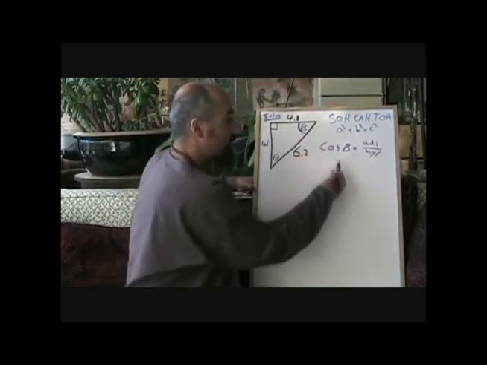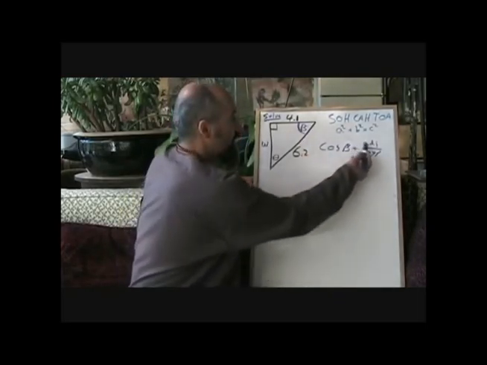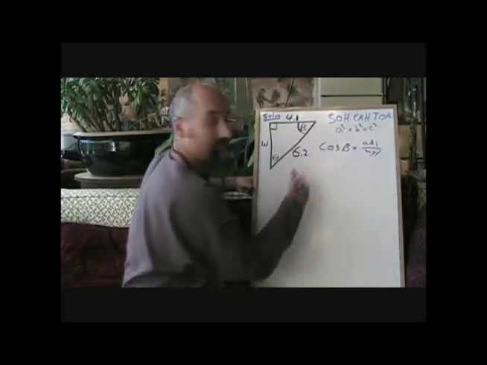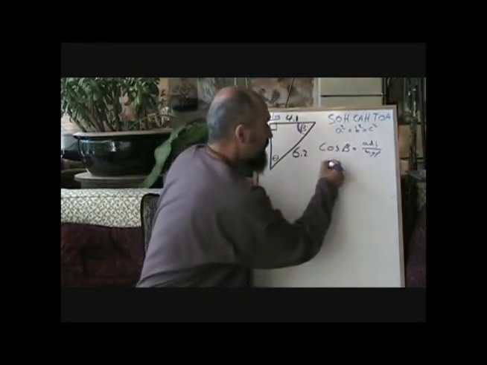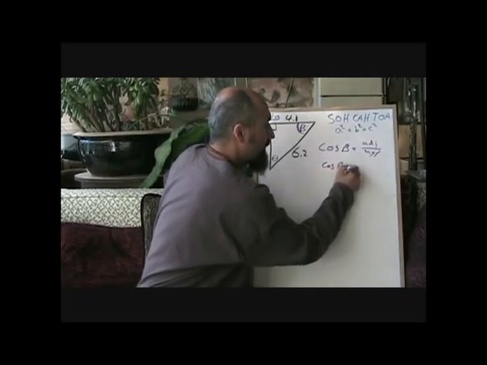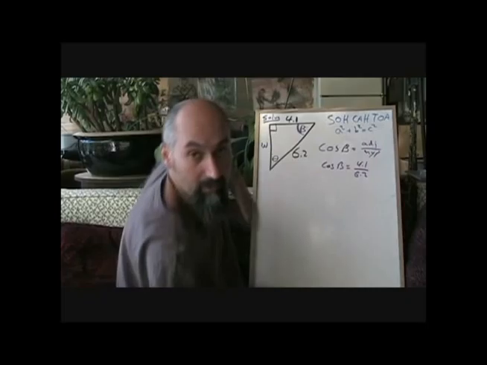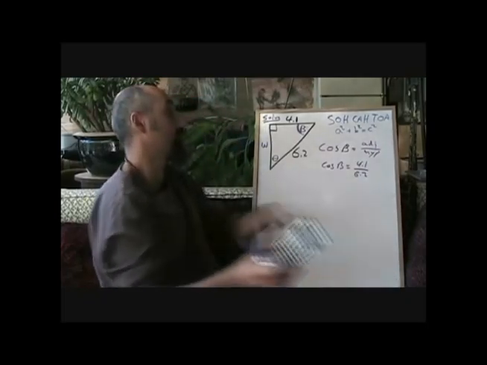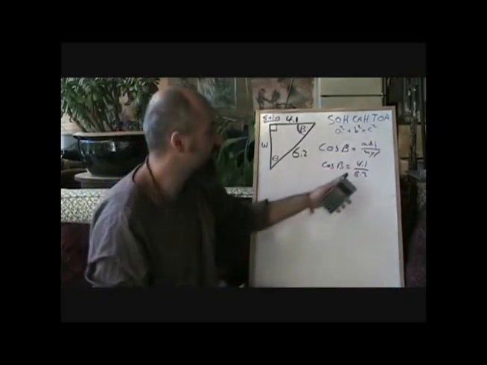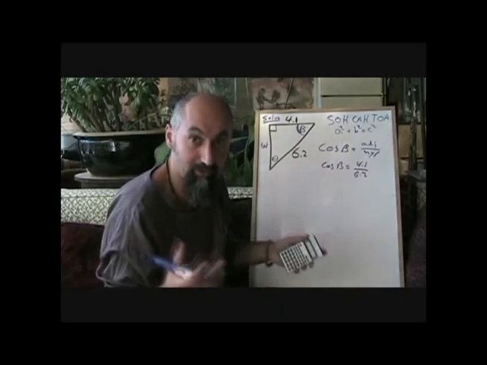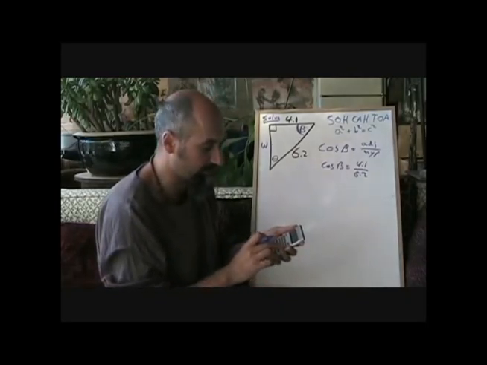We're looking for beta. We don't have it, so that stays where it is. We have the adjacent, which is 4.1, and we have the hypotenuse, which is 6.2. So cos beta is equal to 4.1 over 6.2. Now, these are decimals, and with these kinds of numbers, don't worry about trying to do it manually. You can just use your calculator.